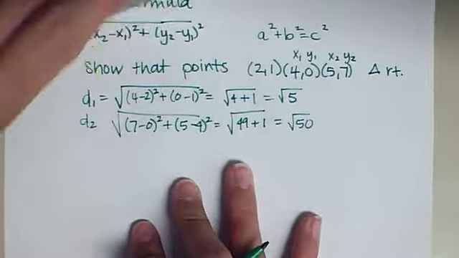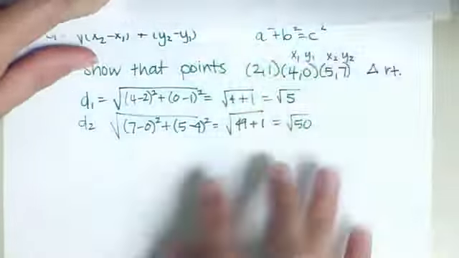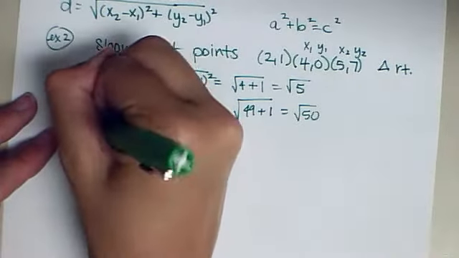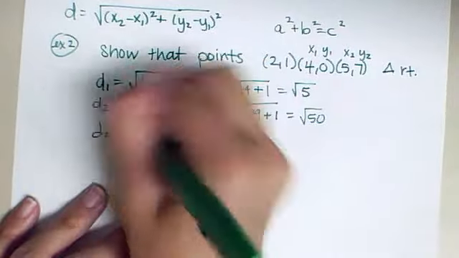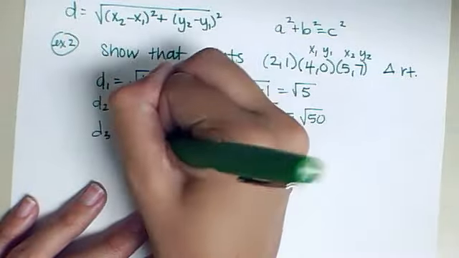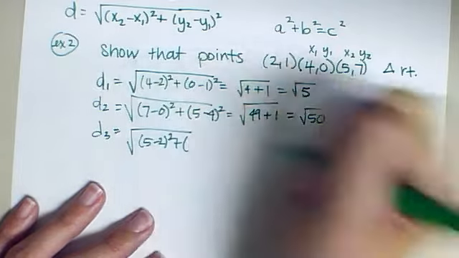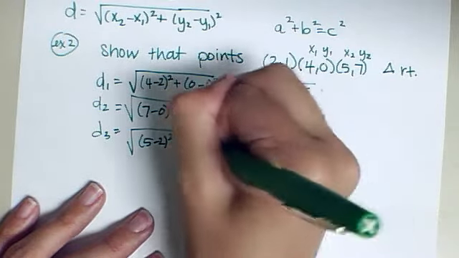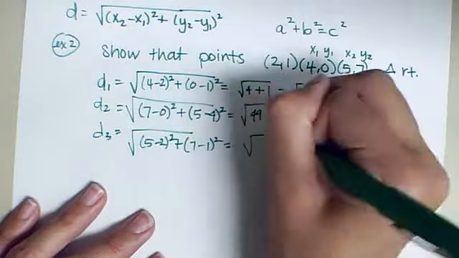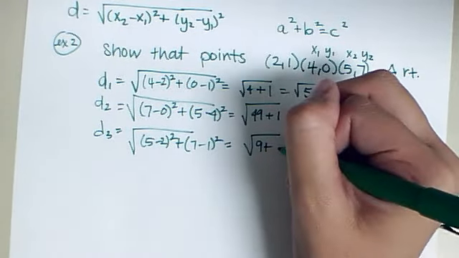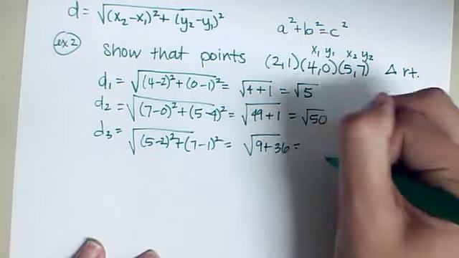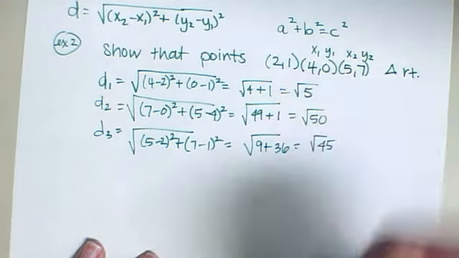And finally, distance 3 between the first and last point is (5 minus 2) squared plus (7 minus 1) squared. 5 minus 2 is 3, squared is 9. 7 minus 1 is 6, squared is 36, and this one is the square root of 45.